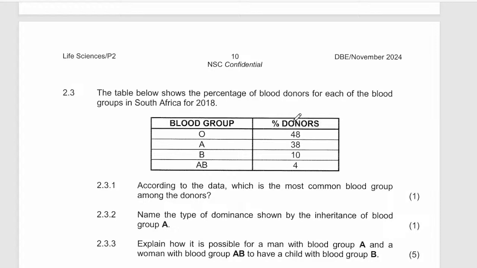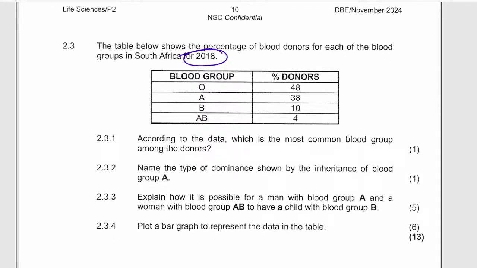They are saying that the table below shows the percentage of blood donors for each blood group in South Africa in 2018. According to the data, which is the most common blood group among the donors?